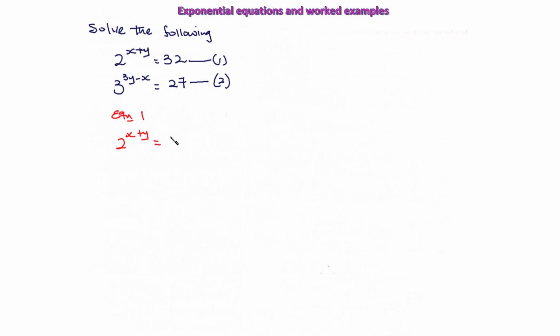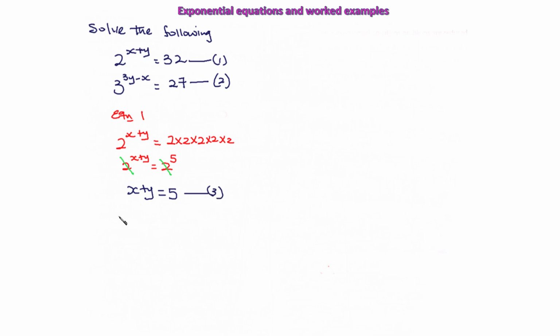Find the factors of 32: 2 times 2 times 2 times 2 times 2. Then you have 2 raised to power x plus y is equal to 2 raised to power 5. This has the same base, so cancel it out. You have your final answer: x plus y is equal to 5. We can call this equation 3.